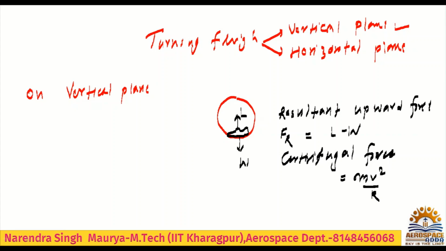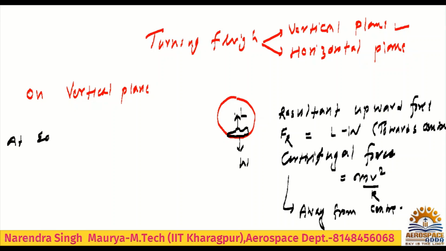Suppose this is the center: the resultant force will be towards the center, and the centrifugal force is away from the center. So at equilibrium, this resultant force Fr is equal to the centrifugal force, which is mv square by r.